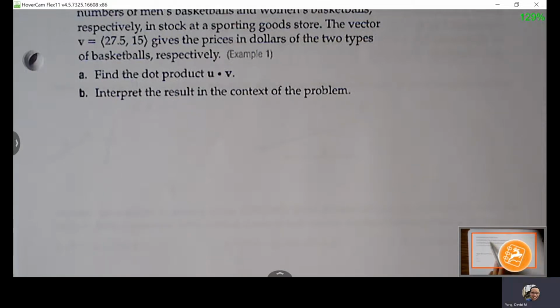Try number 20, using this formula for the angle between vectors.